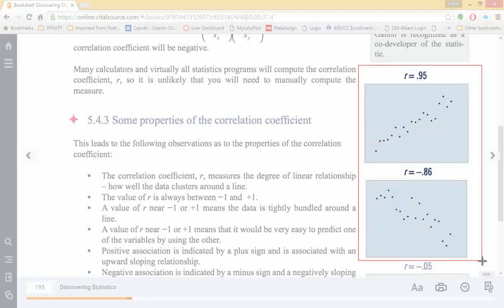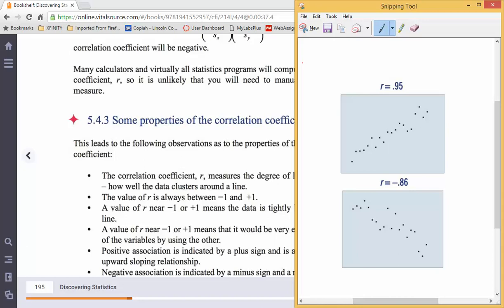I could have a straight line through that set of data in the scatter plot, and all the data would be very close to the straight line. It's kind of bunched up around the straight line. This positive value means that we have a positive relationship, so it goes up from left to right.